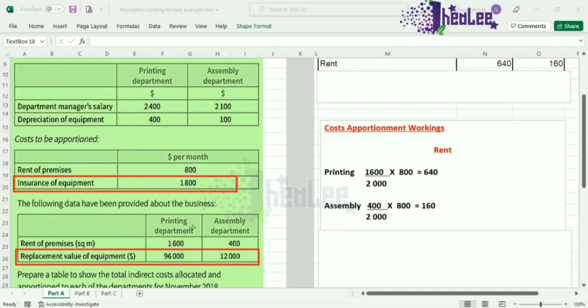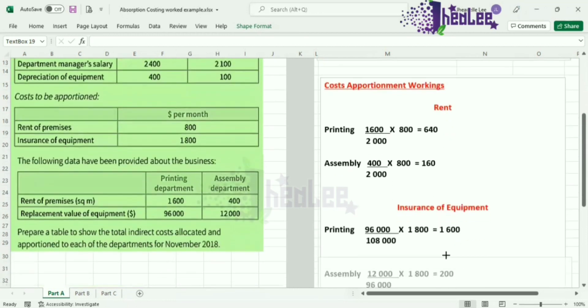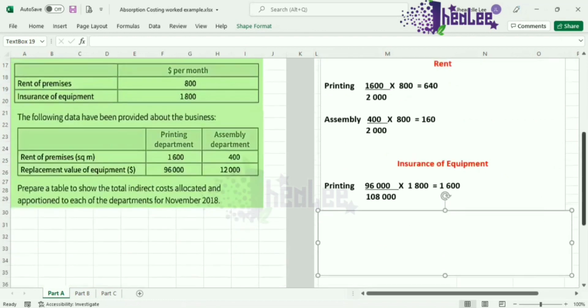We're seeing that the printing department is 96,000, and for the assembly, it is 12,000. So in terms of our calculation, people, for the printing department, it is $96,000 divided by the total of 108,000 multiplied by the insurance cost for the month, which is 1,800, and that gives us a value of 1,600.